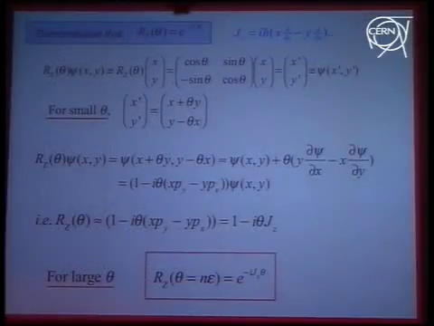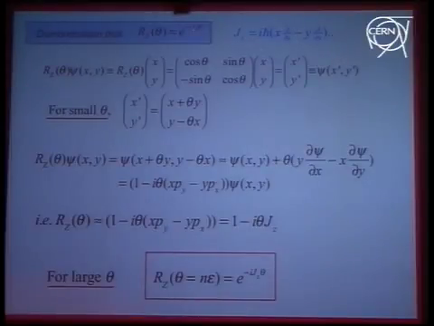The demonstration that I can write a rotation about the z-axis as e to the minus i Jz theta is also relatively straightforward, but requires that you sit down with pen and paper and go through it. Jz is an angular momentum operator, and it can be written as x d by dy minus y d by dx.